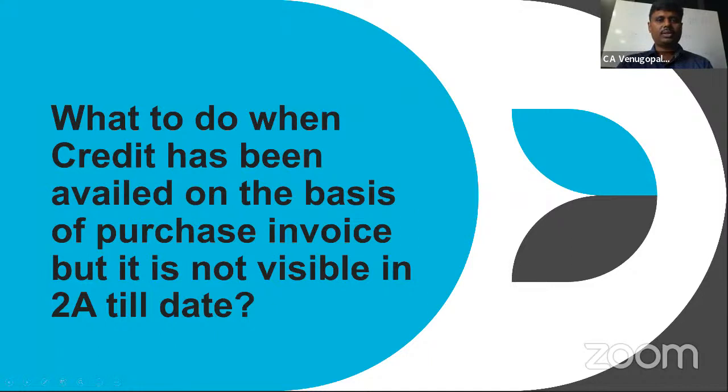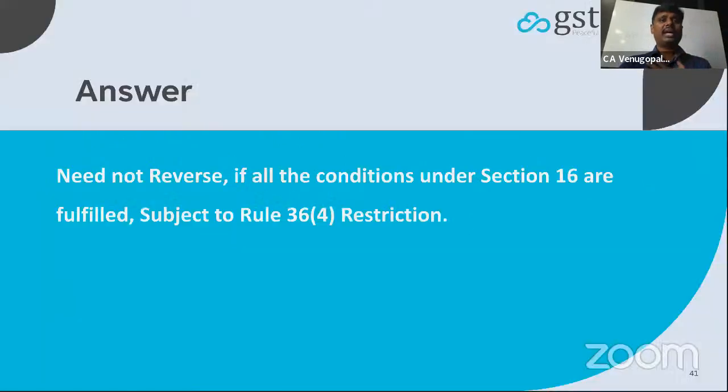Now, the answer is, it is a litigative subject. Section 16, certain conditions you have fulfilled. Now you may say, sir, supplier has reported in B2C, all those things. In my view, 36 sub rule 4 gives you a leeway to claim additional 5%. If you are well within that, you can still avail it and claim the credit. Section 155 of the Act wants you to prove what is the credit that you have availed.